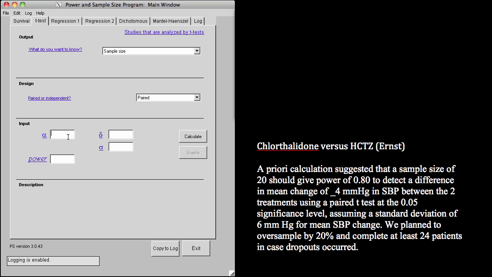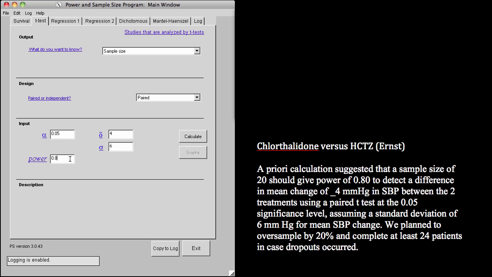They set their alpha at 0.05. The delta here is the difference between population means, and they were looking for a difference of 4 between their population means, and they had a standard deviation of 6, and their power was 0.8.